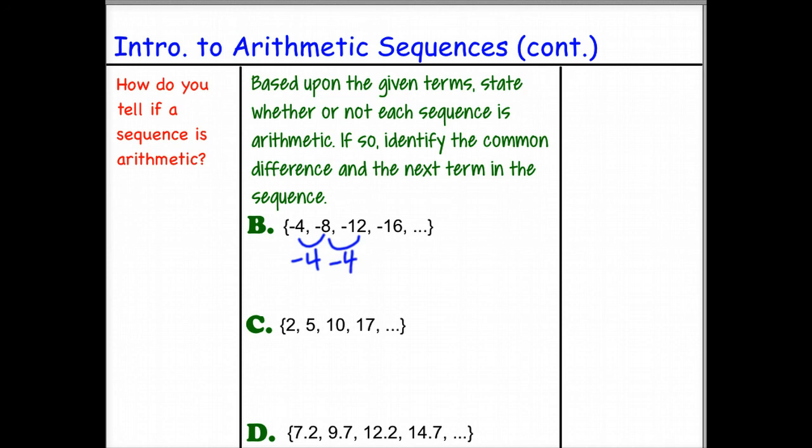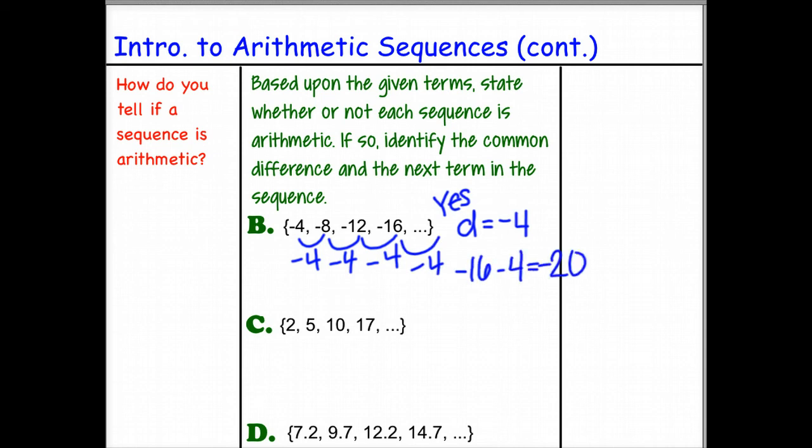Please always check everything in the information you're given, because sometimes it'll be just that last term that changes. Negative 12 to negative 16 is minus 4, which means yes, this is arithmetic, and our common difference is minus 4. So negative 16 minus 4 gives us negative 20, which is our t sub 5.